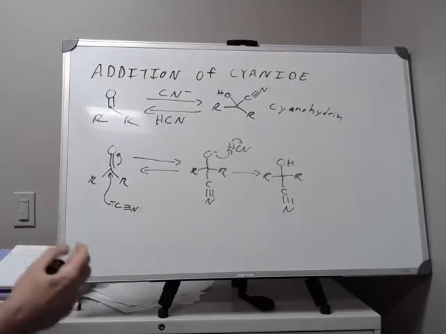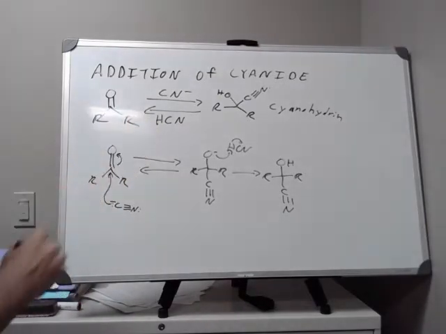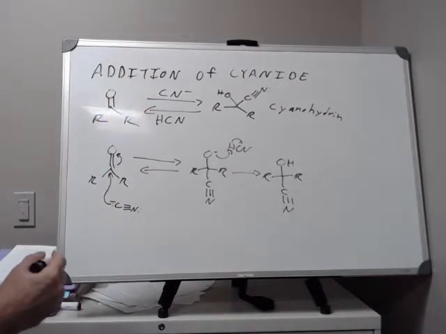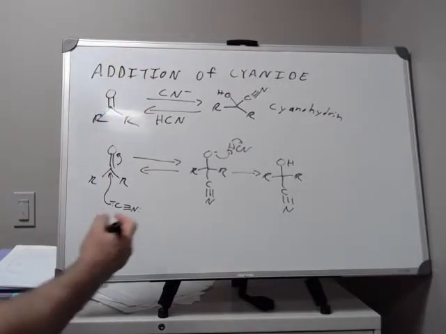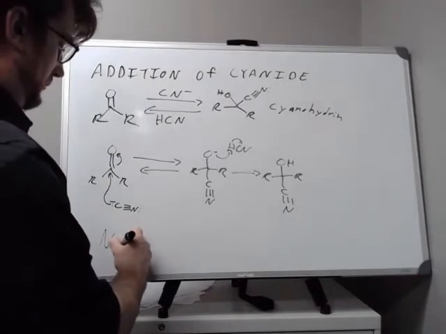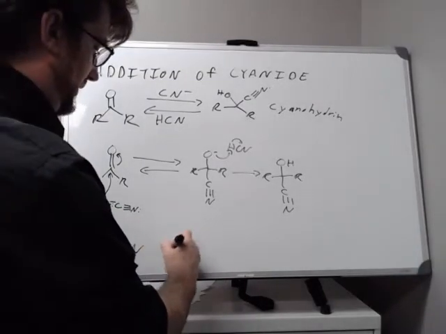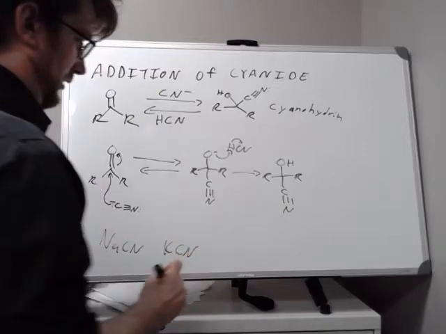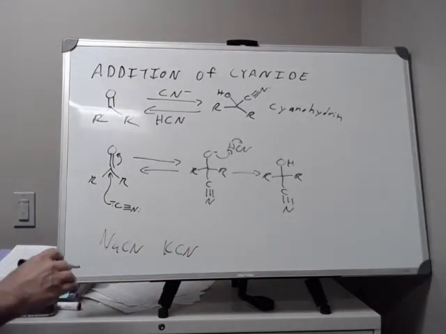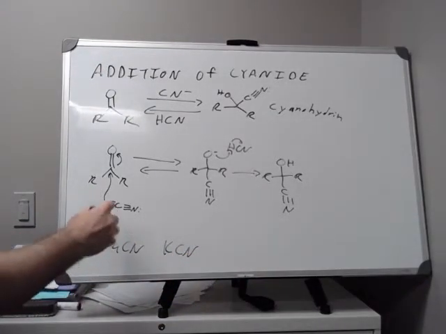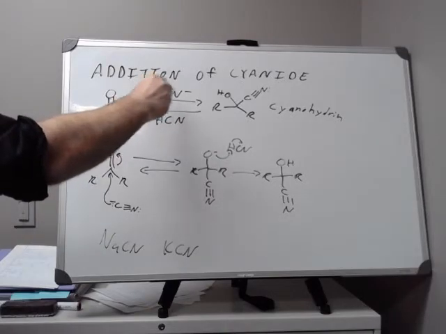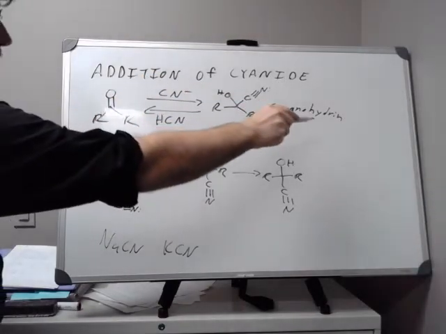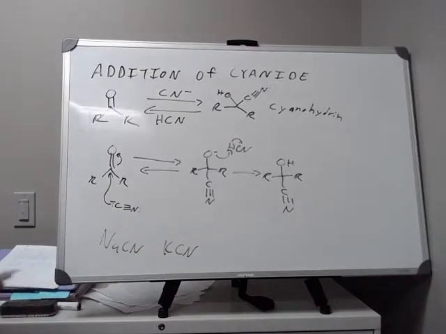Now, we don't have to do this reaction with just hydrogen cyanide. We can increase the concentration of cyanide ion by adding sodium cyanide or potassium cyanide or other cyanide salts. That would introduce more cyanide anion and push the equilibrium towards the cyanohydrin.